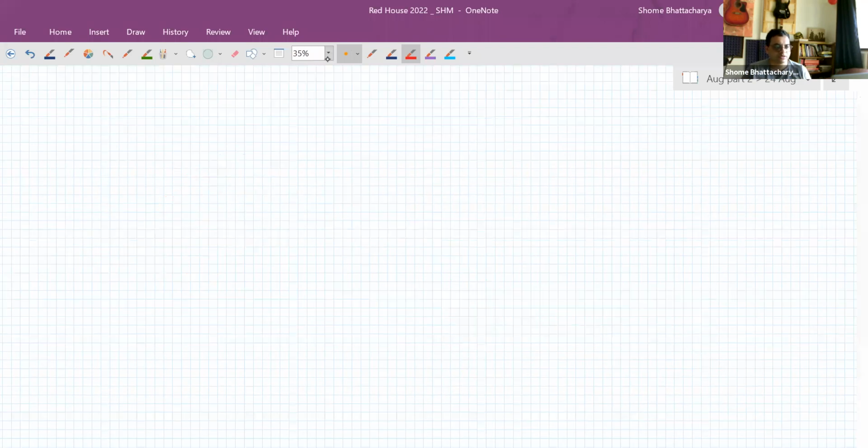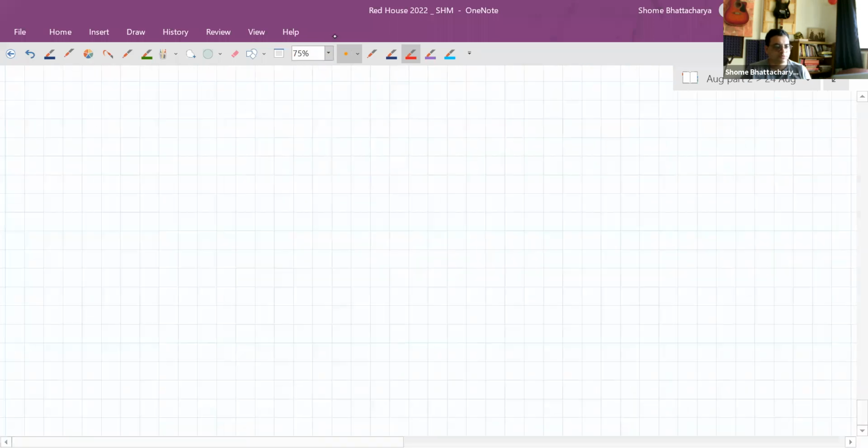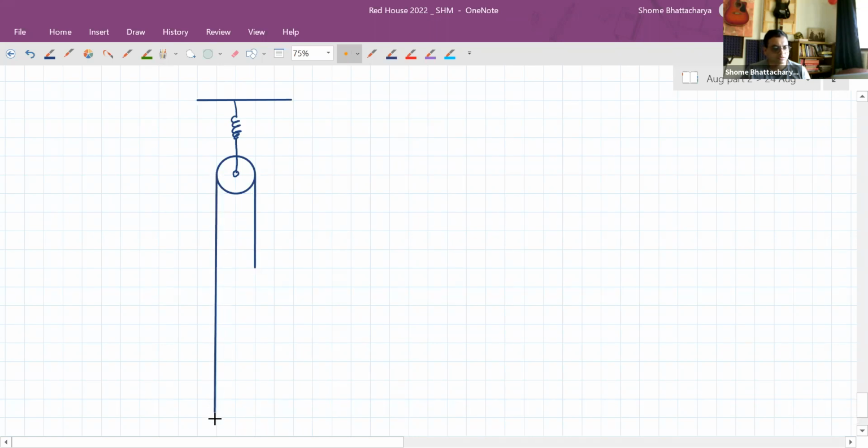Okay, let's look at another quick example where we have a spring mass system in a vertical situation, and there is also a constraint relation coming into the picture. So there's an ideal spring like this, massless thread on both the sides.